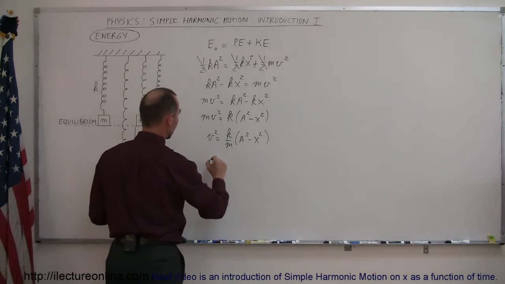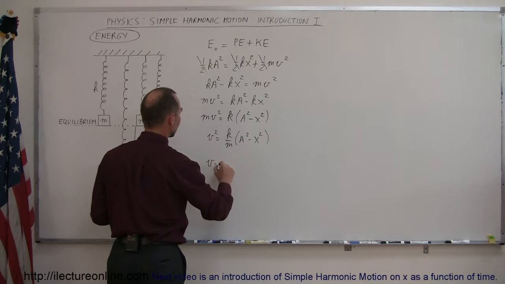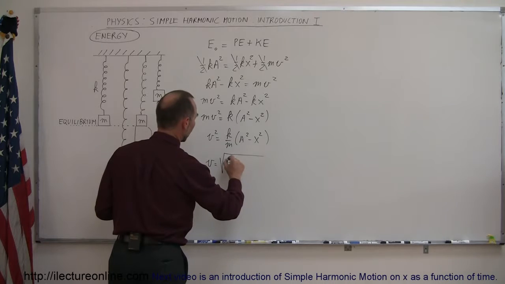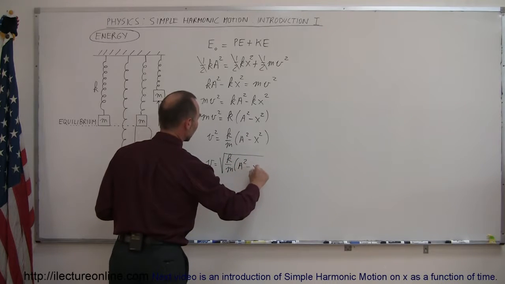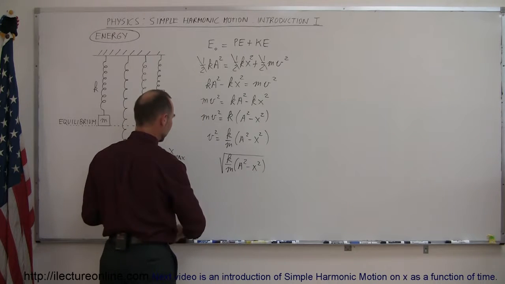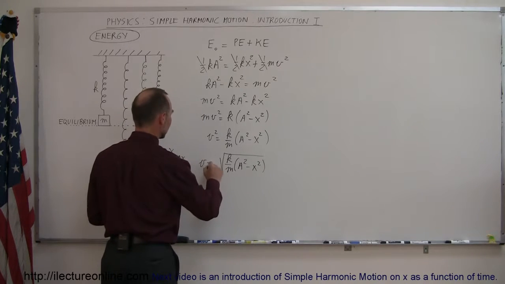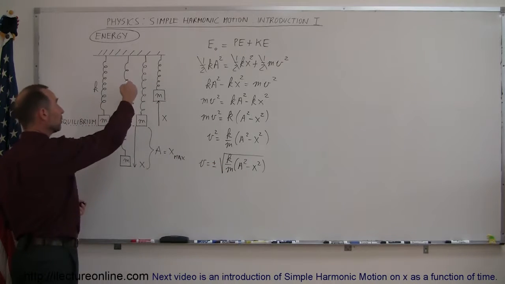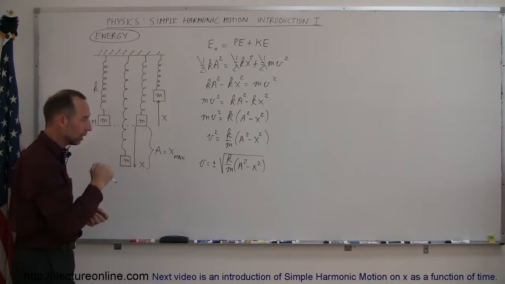Finally, if I take the square root of both sides, velocity is equal to plus or minus the square root of k over m times A squared minus x squared. Let's put in the plus or minus, because obviously it can be moving in a positive direction and in a negative direction.